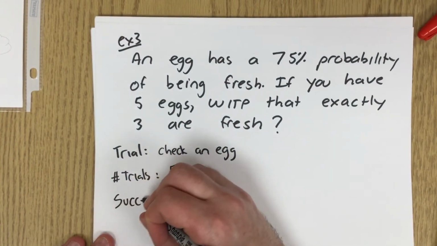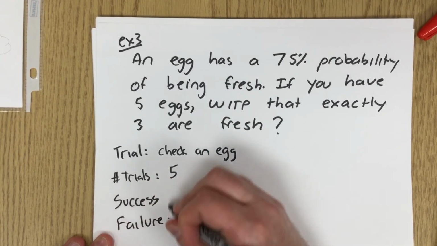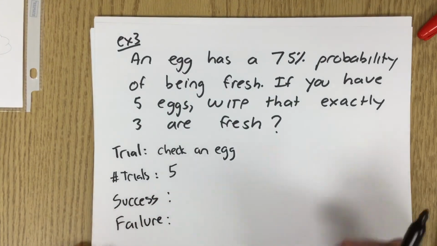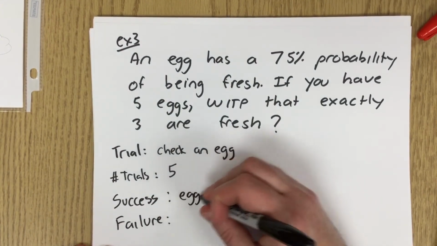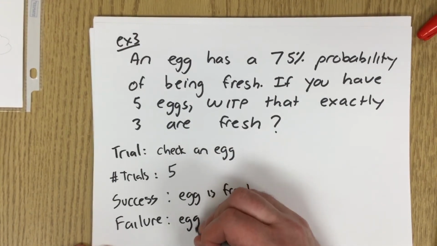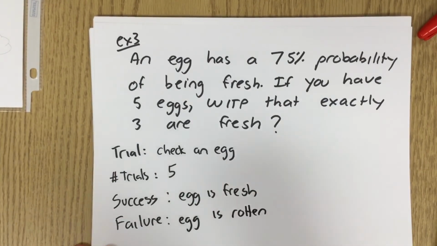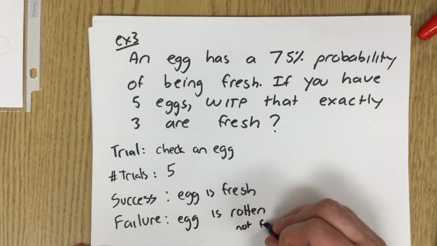Can we define a success and failure where we know how many successes we want? When we define success or failure, success is for one trial only. So we'll say success is the egg is fresh, and failure is the egg is not fresh. Not fresh would have been a better way of saying that than rotten.